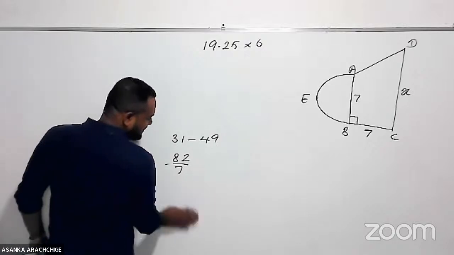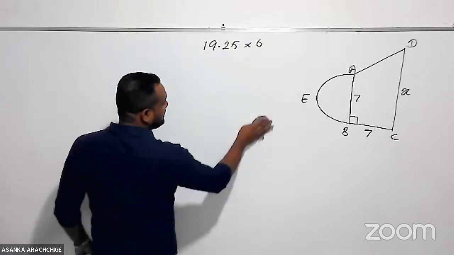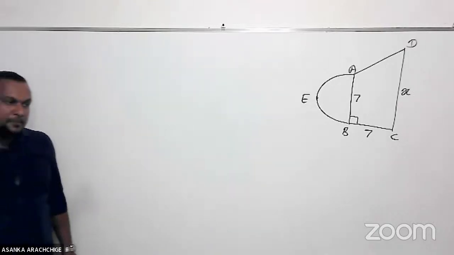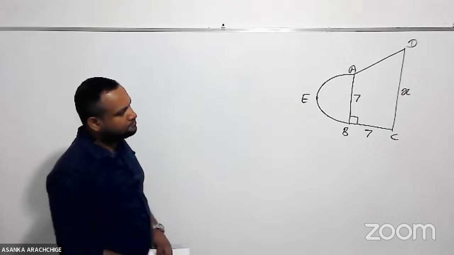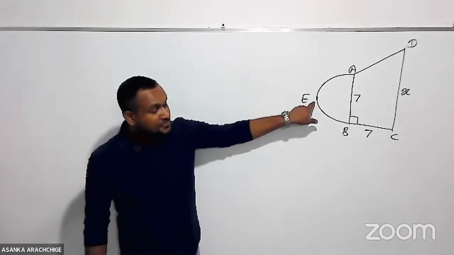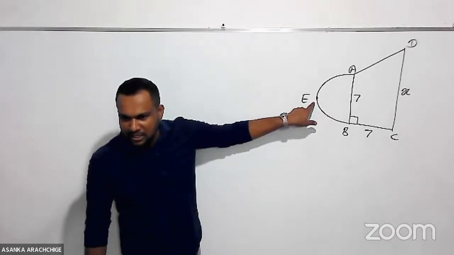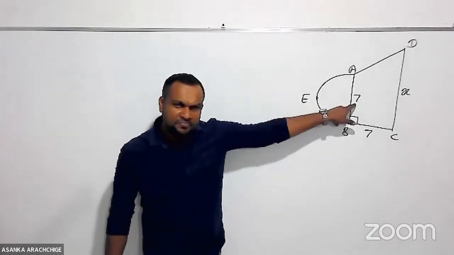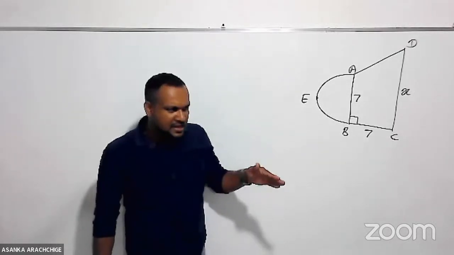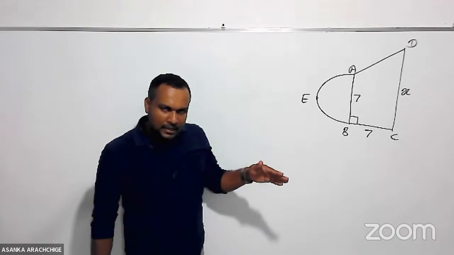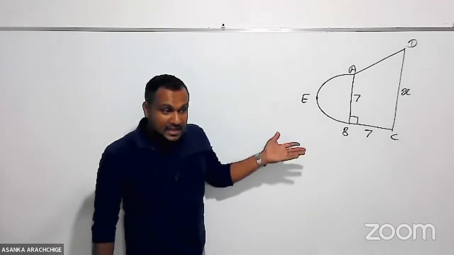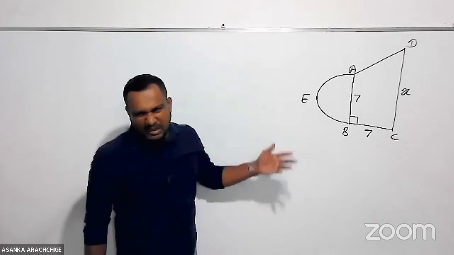If the radius is r, what is the formula for the circumference of a circle of radius r? 2 pi r. But AEB is half the circumference of this circle. In terms of radius, 2 pi r. In terms of diameter, pi d.